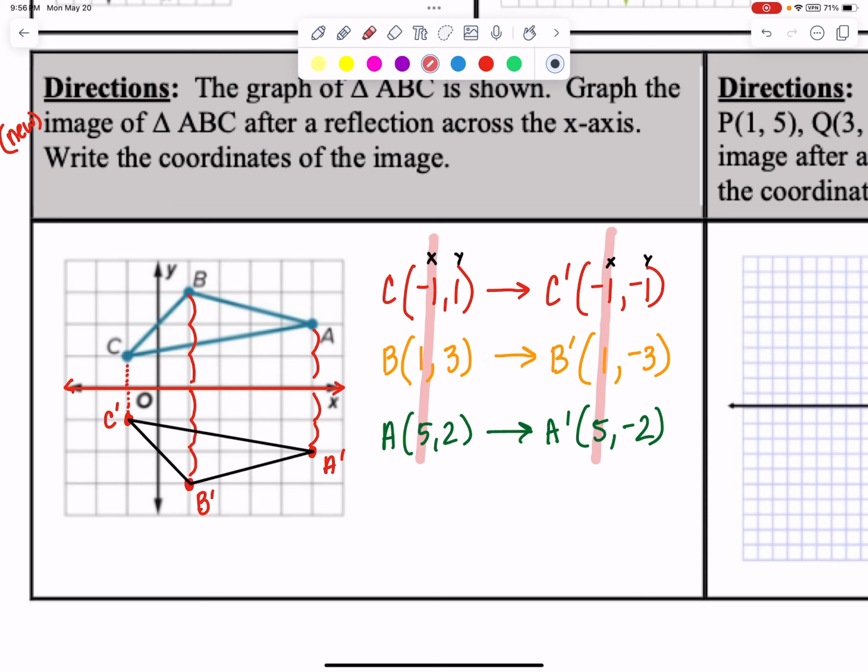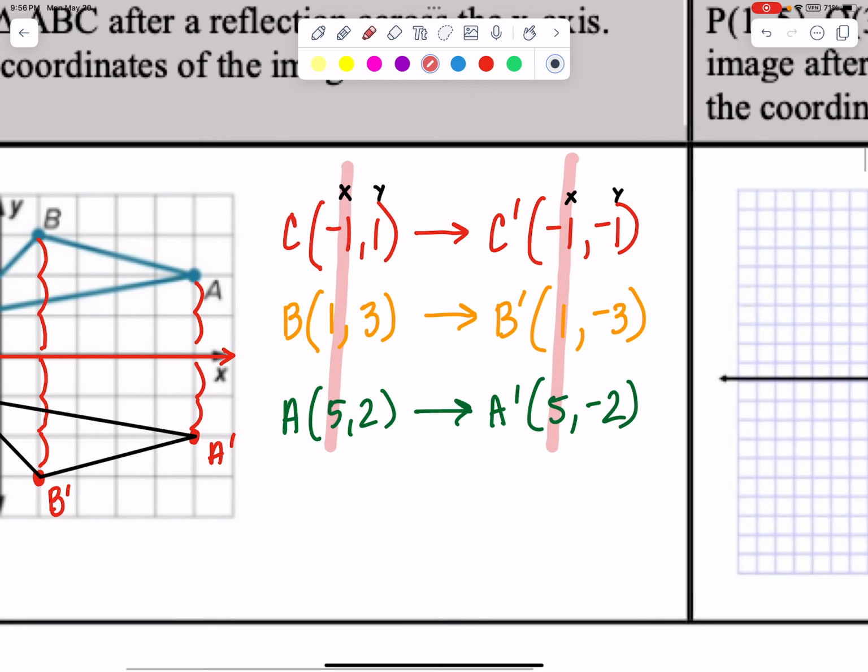Okay, so here's a little song I want you to sing. It goes to Mary Had a Little Lamb, and it says, reflect across the x, x stays the same. Reflect across the x, x stays the same. Reflect across the x. That's not Mary Had a Little Lamb. Mary had a little lamb.